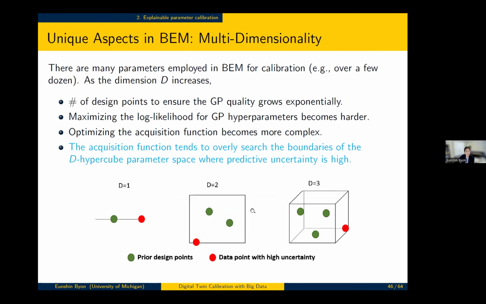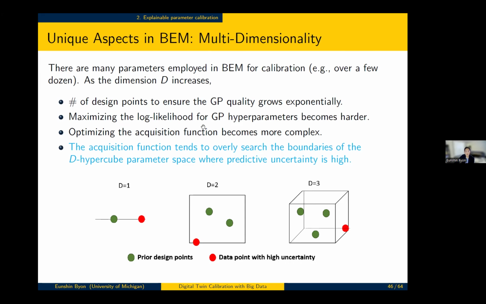So when we have many parameters, where capital D is the dimension of the input variables, BO still has several challenges. Basically, the number of design points needed to construct the Gaussian process grows, maximizing the likelihood for the GP hyperparameters becomes difficult, and optimizing the acquisition function becomes more complex.